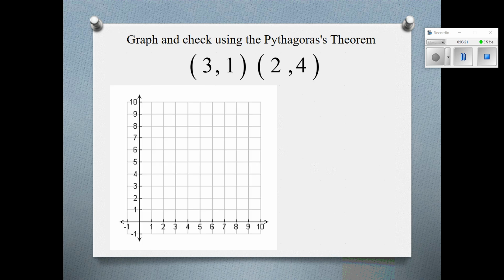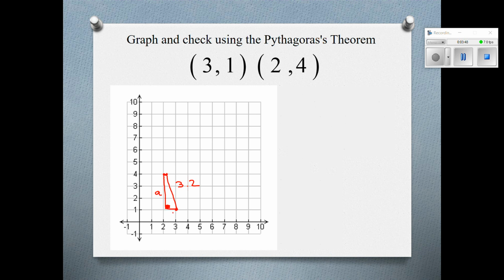So, again, here we had on the graph, here was (3, 1), here was (2, 4). We thought that this was 3.16, or 3.2. Now, what we actually did was we found the hypotenuse of a triangle. Because when you have two points on a graph like this, you can create a right angle and have two legs.